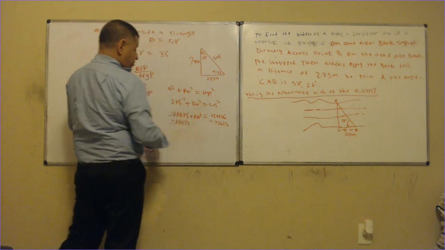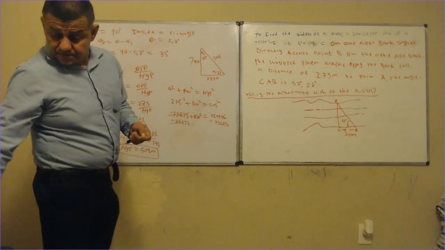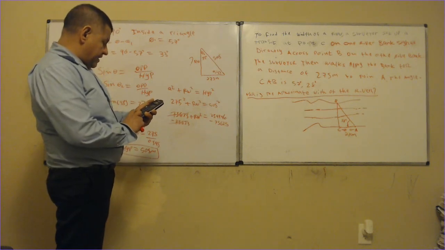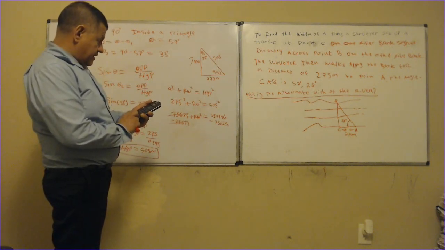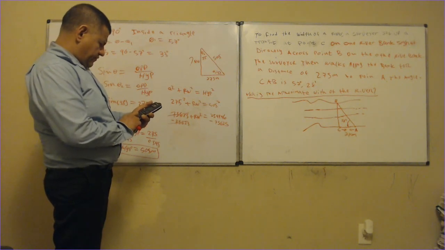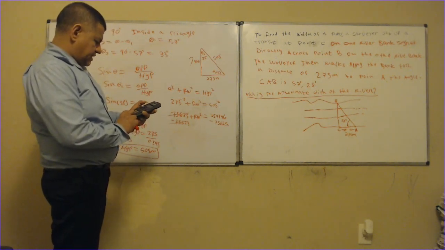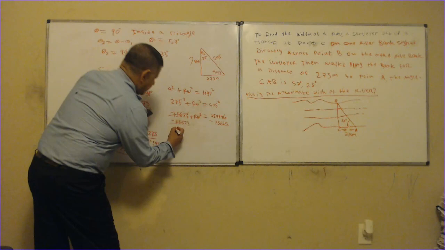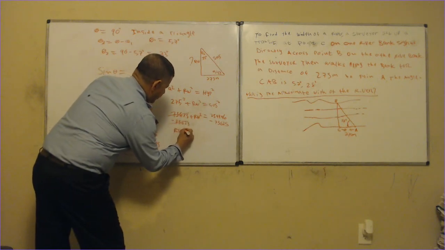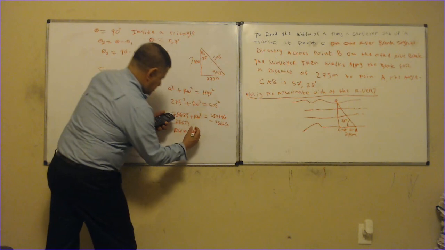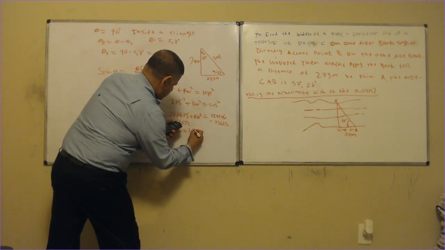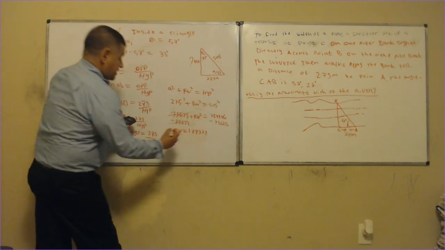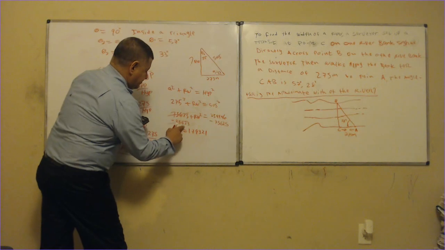Okay, so now what we do right here is we subtract 254946 minus the second answer, and I got r squared equal to 179321, and of course this is squared, right?